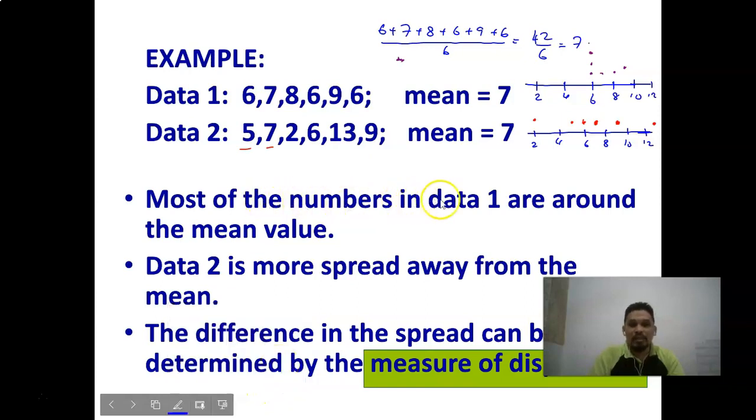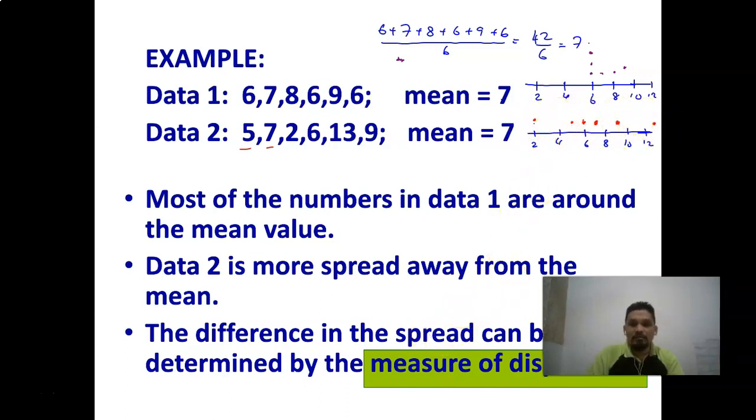Most of the data in data 1 are around the mean value, where mean equal to 7 is around here, meaning the data is very close to the mean. But data 2 is more spread away from the mean, where the mean equal to 7, but the lowest is 2 and the highest is 13. So it's spread.